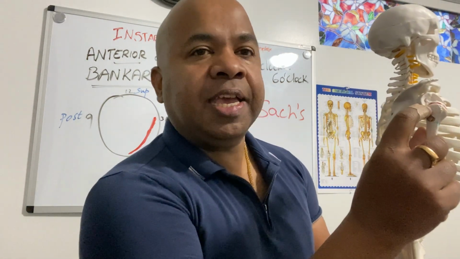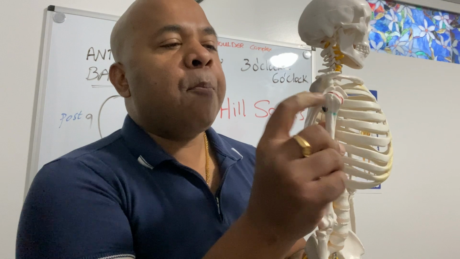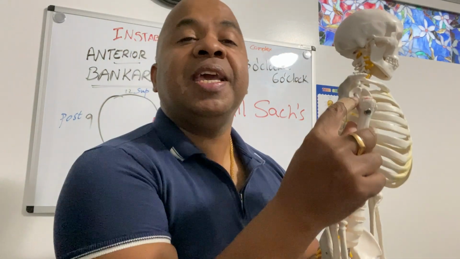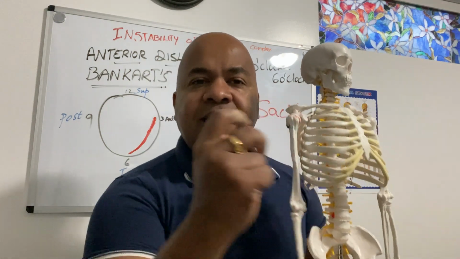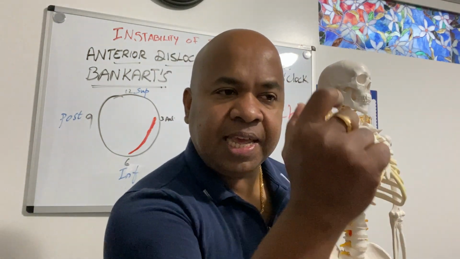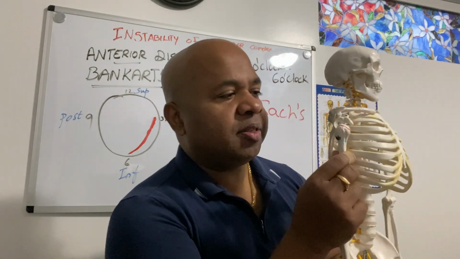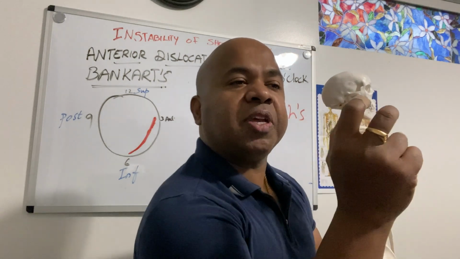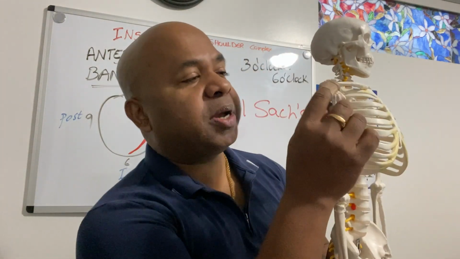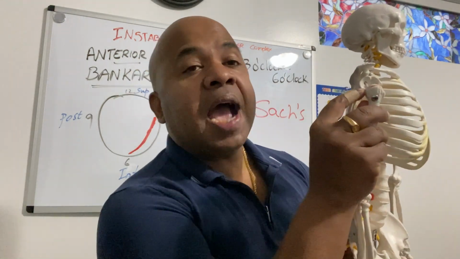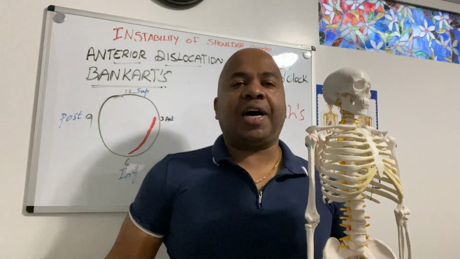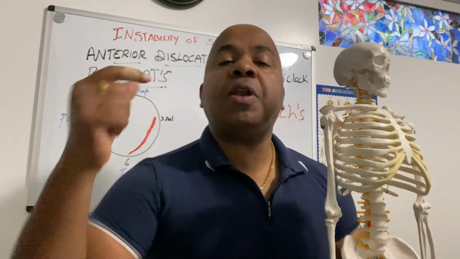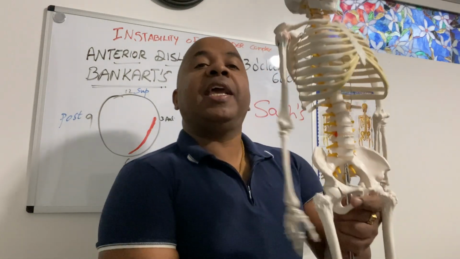You can see the posterior lateral aspect of the head of the humerus will make contact with the anterior inferior rim of the glenoid fossa, which can cause an indentation fracture at the posterior lateral aspect of the humeral head, which is called the Hill-Sachs lesion.